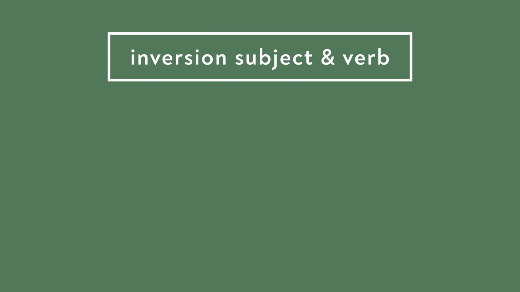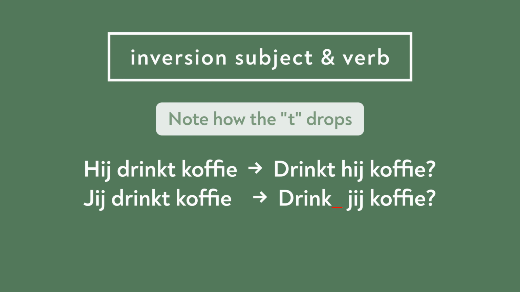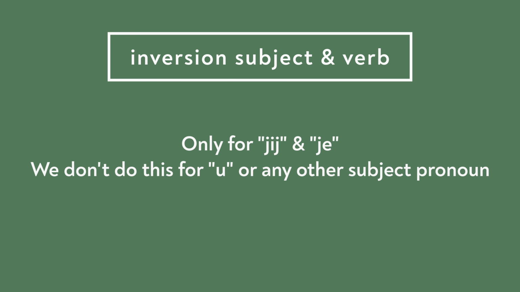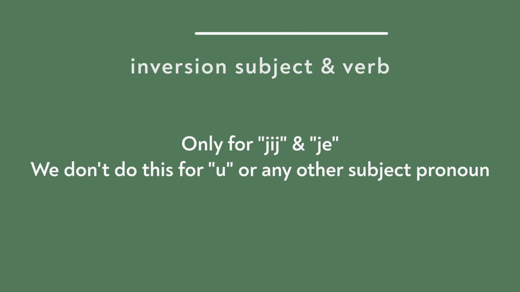And then we get drinkt hij koffie and drink jij koffie. So as you can hear, we drop the t at drink jij. This is only the case for jij, or the unstressed je. We don't do this for the formal u or any other subject pronoun.